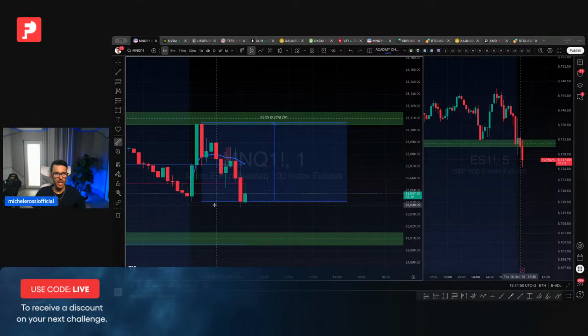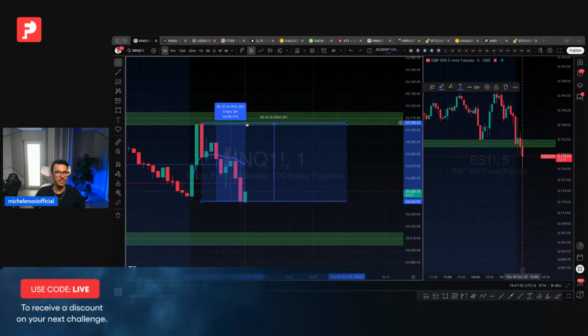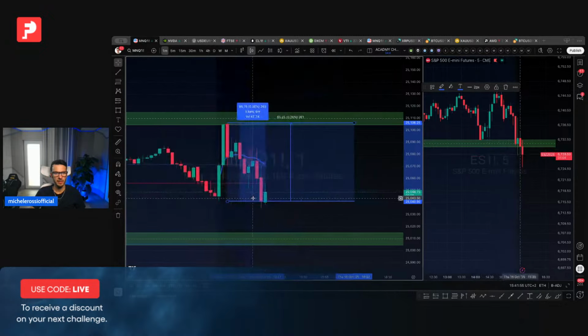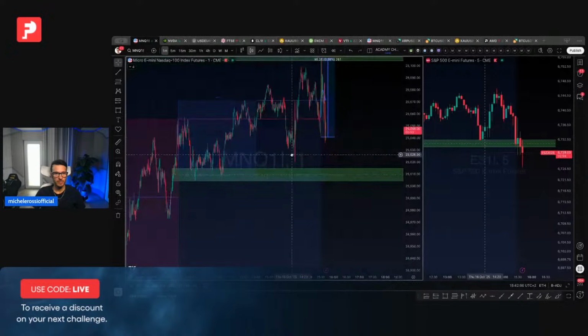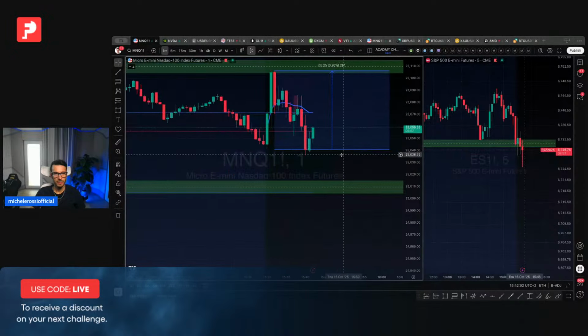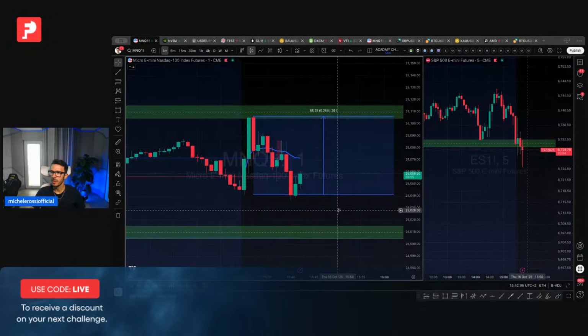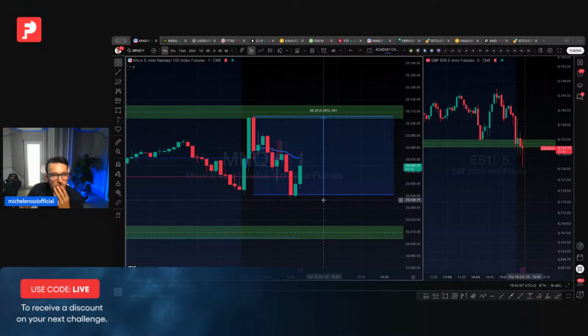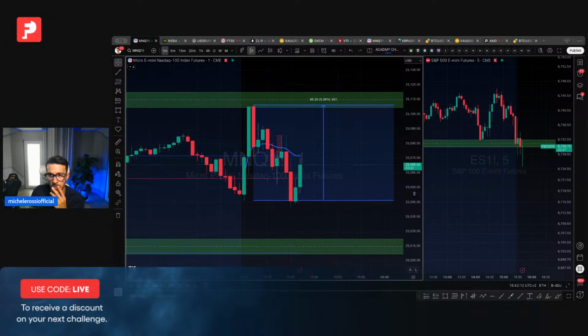Got a super tight range, 65 points. See? Look how much indecision we have right here. Rejection, rejection, rejection. We cannot close, we're not able to close below this area.